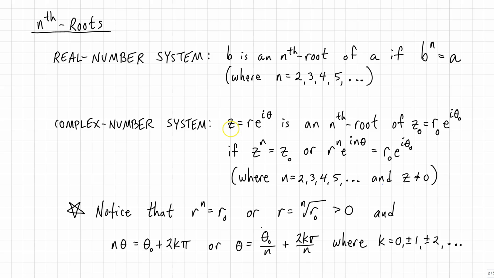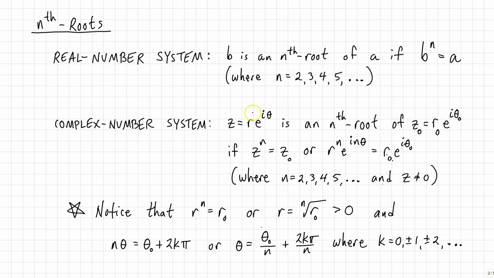So z in exponential form is an nth root of another complex number z sub 0, or z naught, N-A-U-G-H-T, naught, if z to the n is equal to z naught. In other words, r to the n, e to the i n theta would be equal to r naught e to the i theta naught. So it basically mimics the real number system definition.